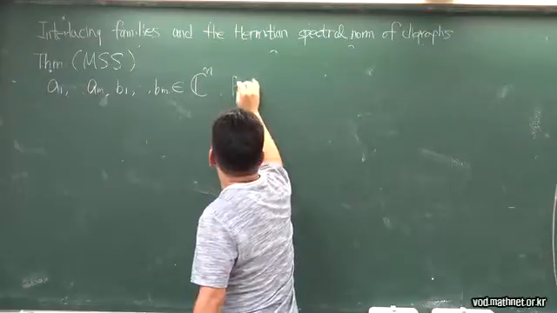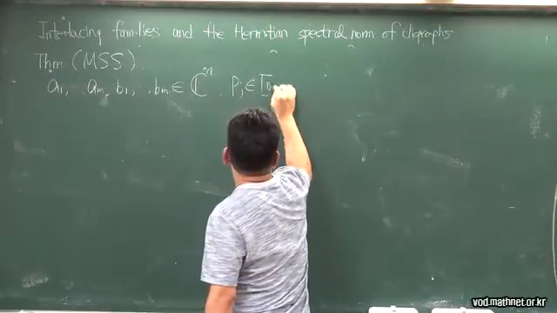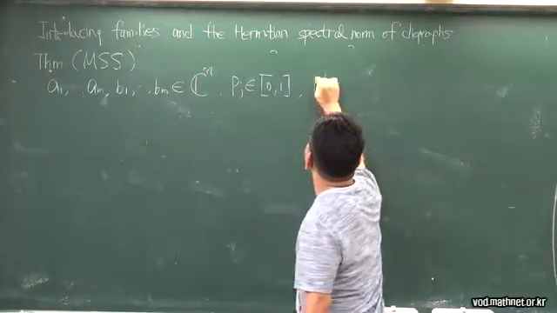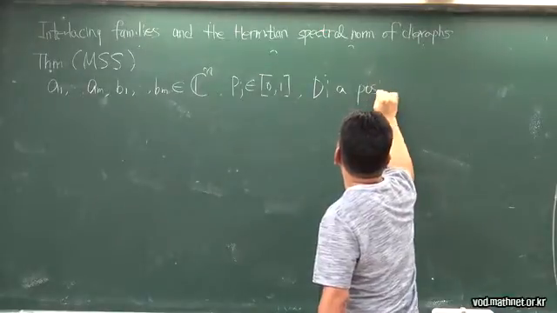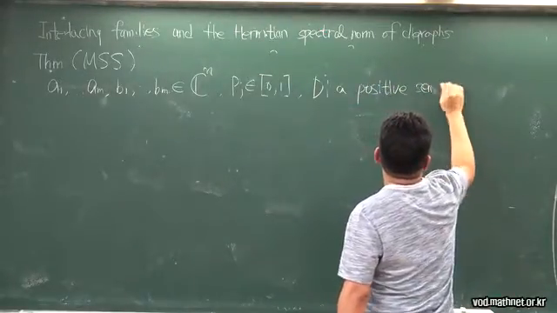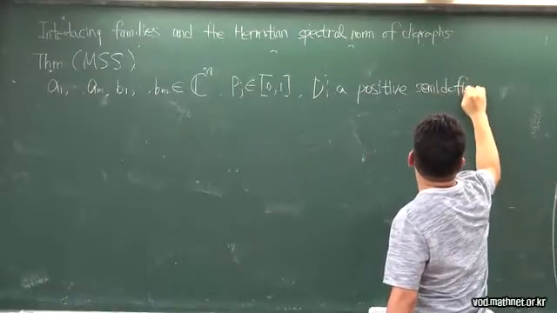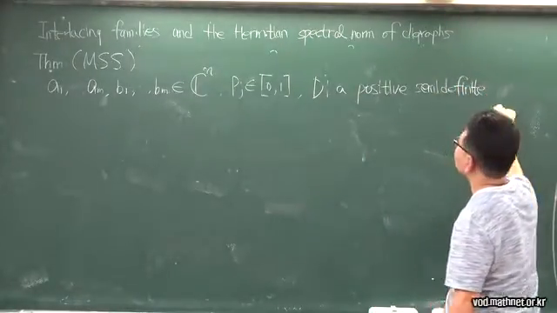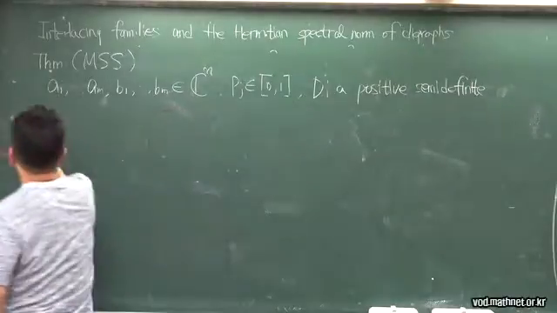And the P sub j are real numbers, and D is a positive semi-definite matrix.